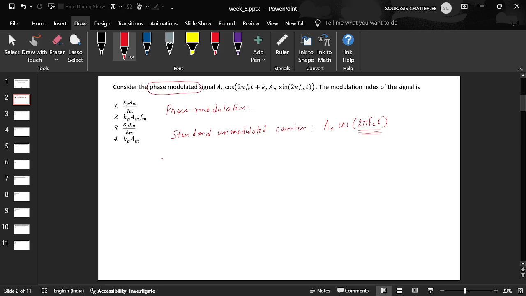So the modulated phase expression is going to look as follows: 2 pi f_c t, that is coming from the standard unmodulated carrier, and then you are modulating this phase with your message signal.